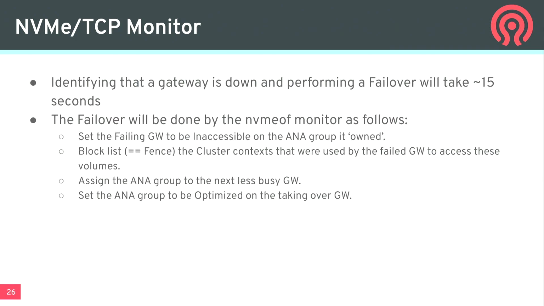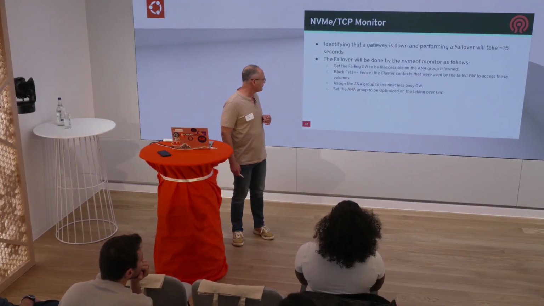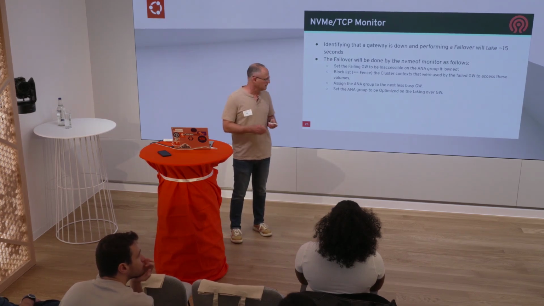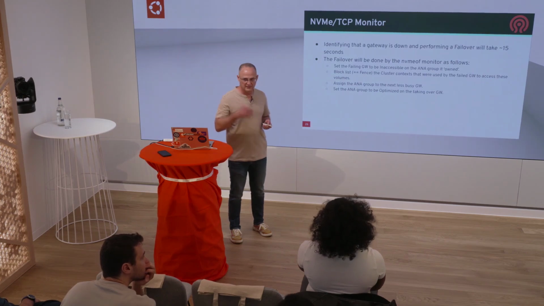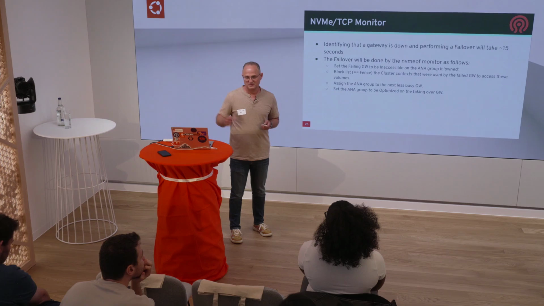So about the failover, how do we do failover? If the NVMe-oF monitor decides that one gateway failed, it's time to do failover. So the first thing that we do is setting the failing gateway to inaccessible, whether it's really failed or not, we don't care about it.